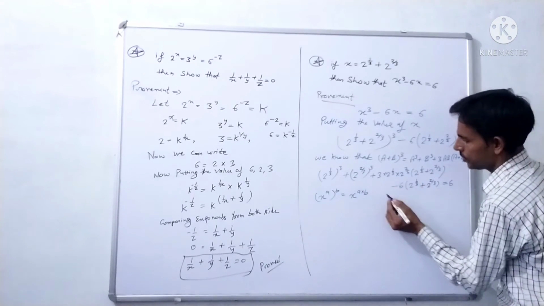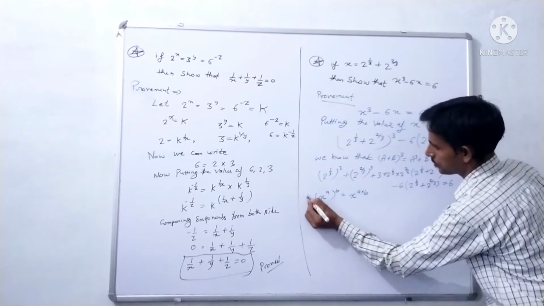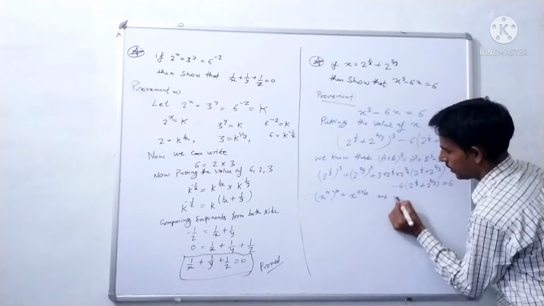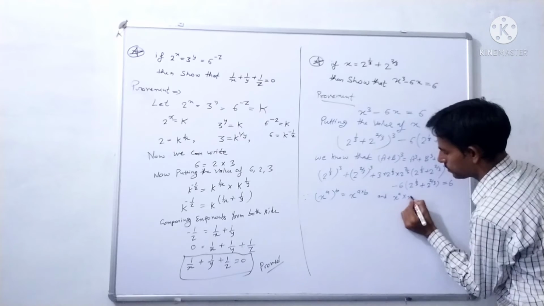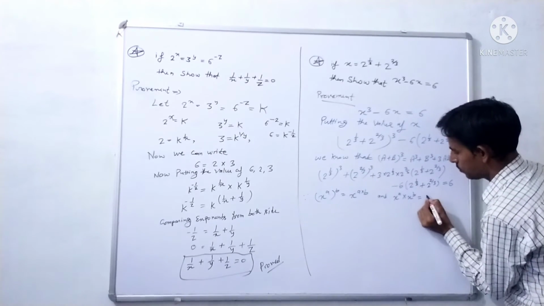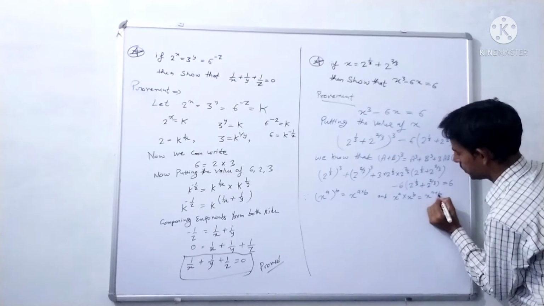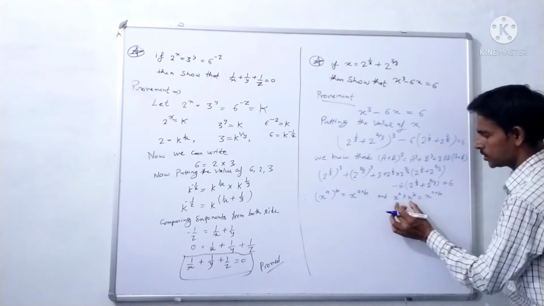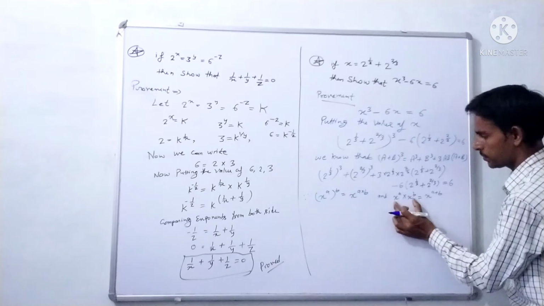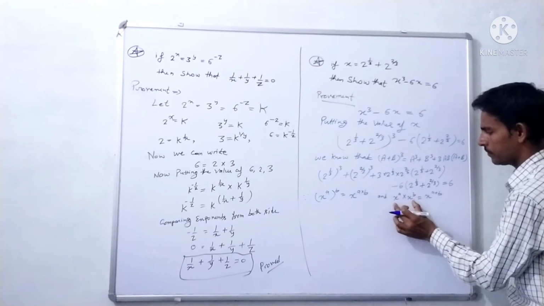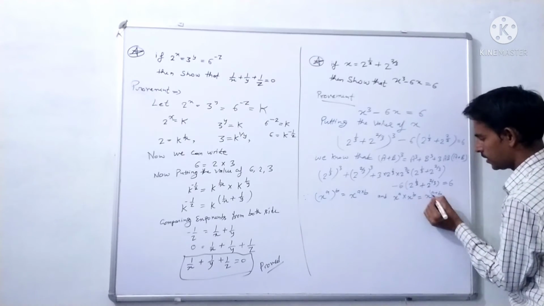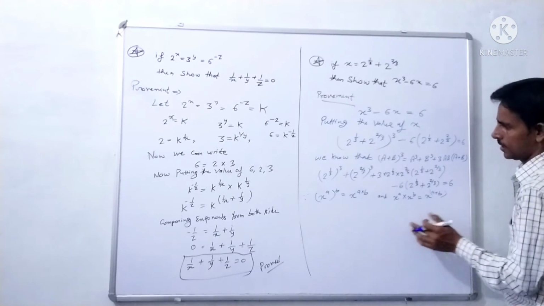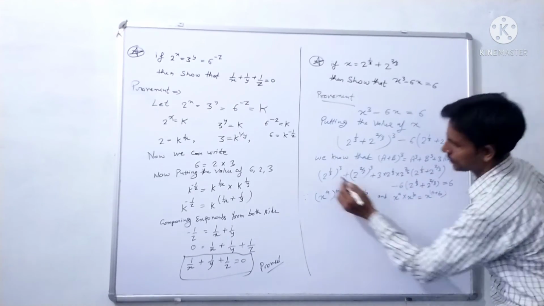And again we know that x^a into x^b equals x^(a+b). These two values have the same base, so when we multiply them, we can write it like this. Now we can solve this question like this.